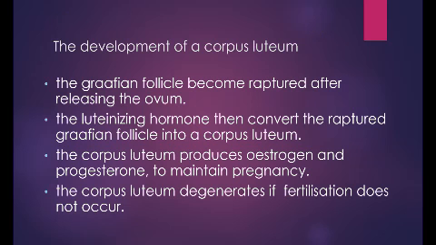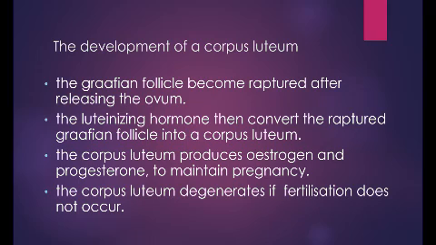We are now going to focus on the development of the corpus luteum. We need to know how the corpus luteum develops. So the first thing that happens, the Graafian follicle becomes ruptured immediately after releasing the ovum. Immediately after ovulation, the Graafian follicle becomes ruptured.